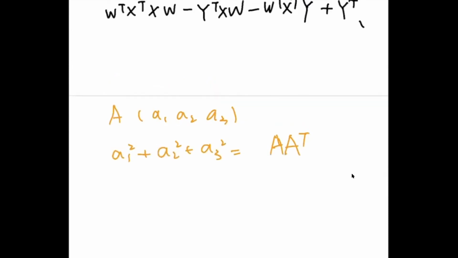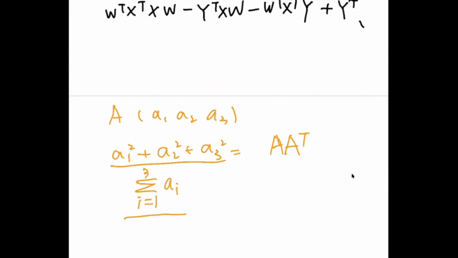We have a matrix A, and A is A1, A2, A3. I use a simple one: A1 squared plus A2 squared plus A3 squared. This is A multiplied by A transpose, right? So this is actually the sum over i from 1 to 3 of Ai squared. It's exactly the same as our loss function.